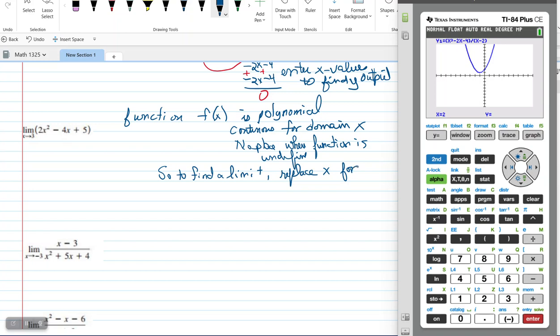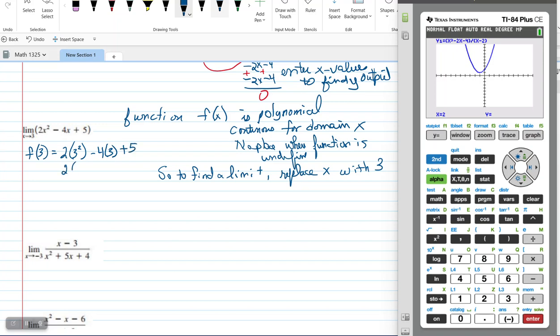Three. So we don't have to do the limit from the left or the limit from the right. We can just drop it in. So we want f of 3. And that'll give us 2 times 3 squared minus 4 times the 3 plus the 5.